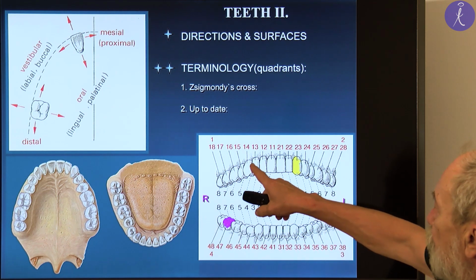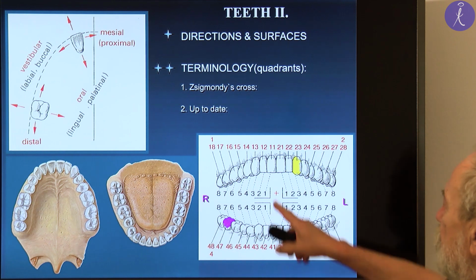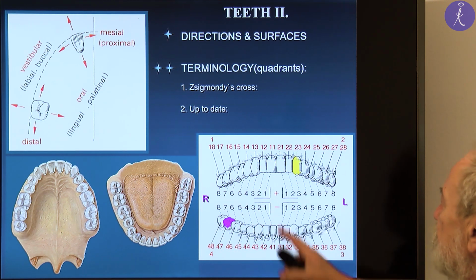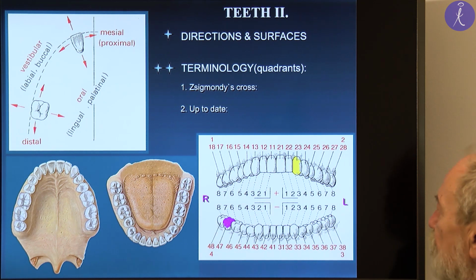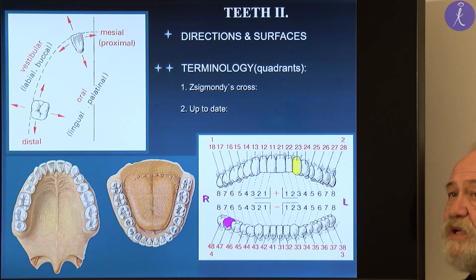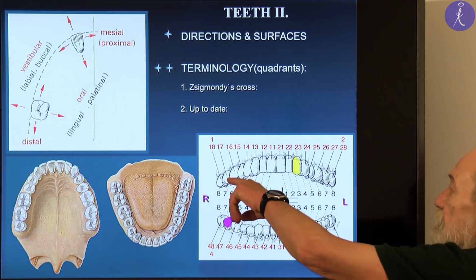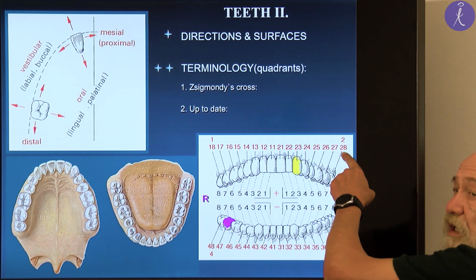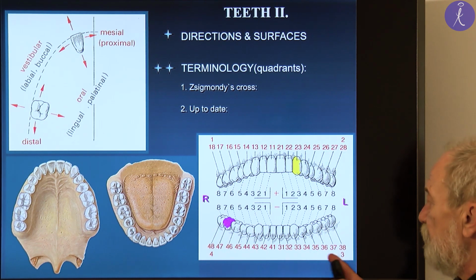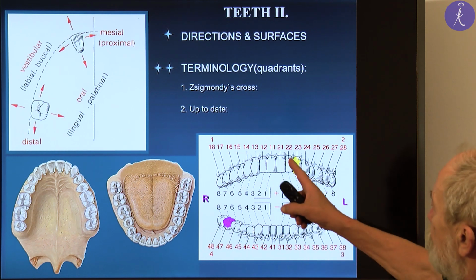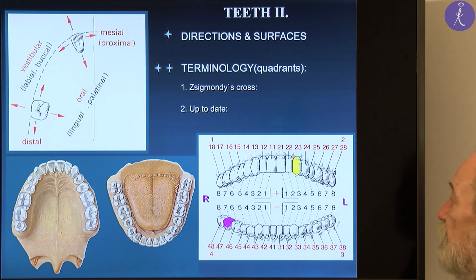So if you want to name a tooth, you just pick that particular part of the cross and indicate the number of the tooth. The other uses numbers for the four different quadrants. The right upper is number 1, then comes the left upper, number 2, number 3, number 4. And after this number, the corresponding number of the tooth is given.